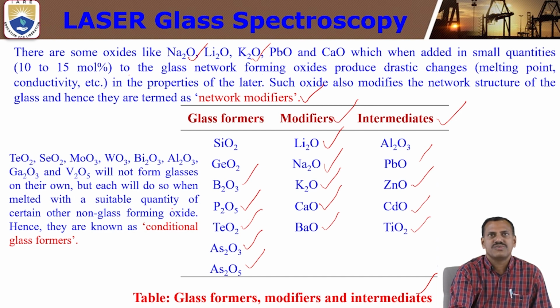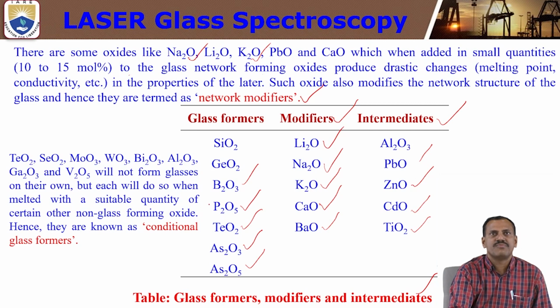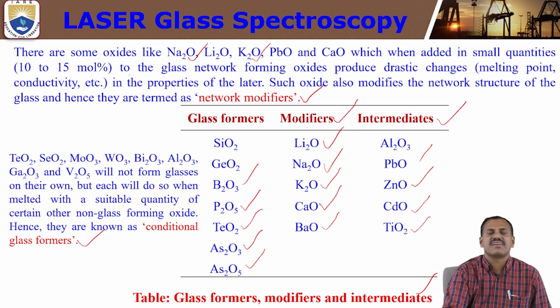So we need to add other non-glass-forming oxides to vanadium oxide, aluminum oxide, gallium oxide, molybdenum oxide, selenium oxide, tellurium oxide, tungsten oxide, and bismuth oxide. Again, these are what we call conditional glass formers.